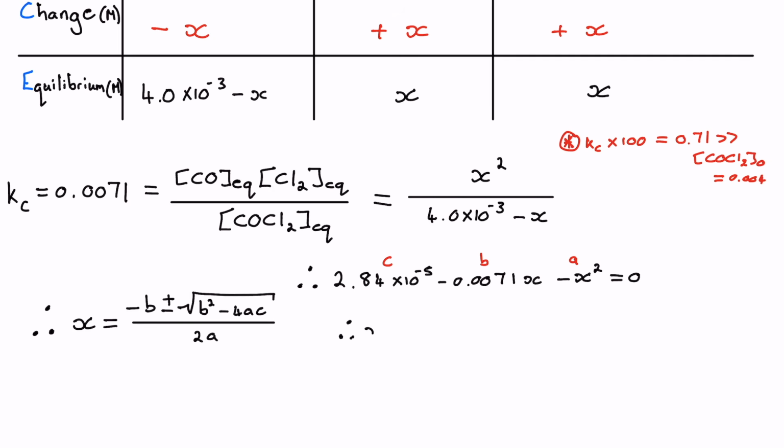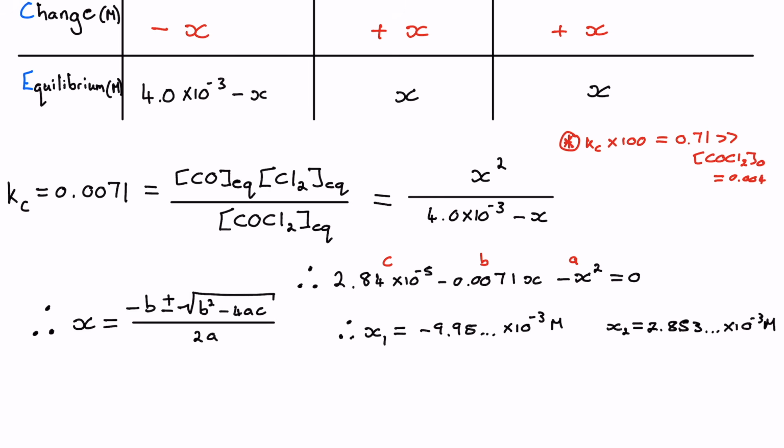And that gives us the two roots of the quadratic expression. x1 is equal to minus 9.95 and some numbers times 10 to the negative 3 molar. x2 is equal to 2.883 times 10 to the negative 3 molar.